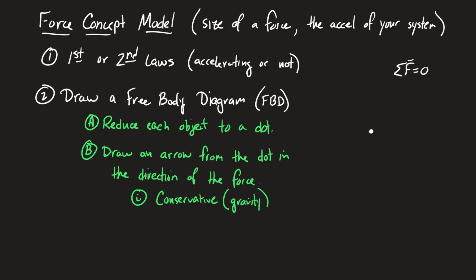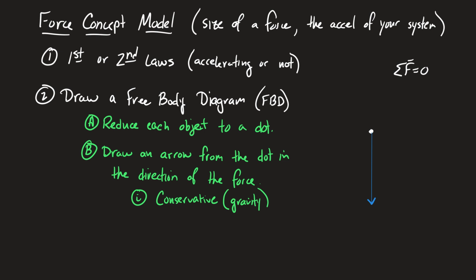So you ask yourself, are there any conservative forces acting in the system? The answer will always be yes, and the answer is always going to be gravity. So you're going to draw an arrow downwards to represent the force of gravity acting on your object. Now, when you draw this arrow, drawing the arrow isn't enough.